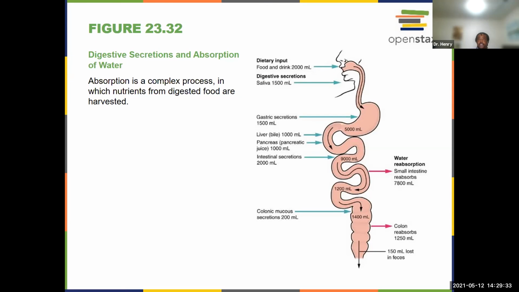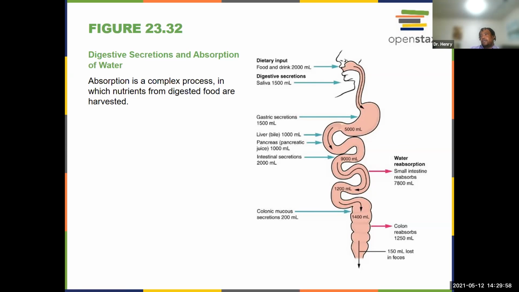So this is just the digestive secretions and absorption of water. Okay, so for our dietary input of food and drink, we take in 2,000 milliliters of fluid.